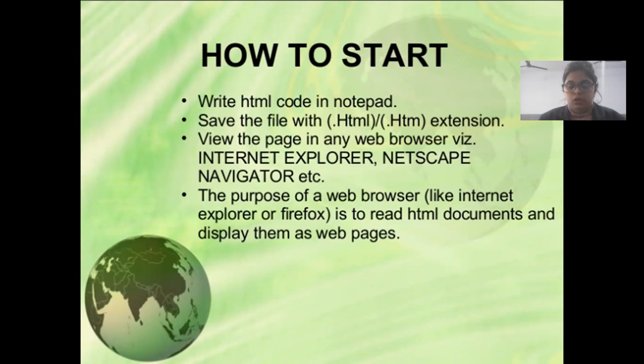Once you have done your coding, the next thing is saving the file. Make sure whatever HTML code you are writing, it should be saved. Saving the file is easy. You just have to use one more thing extra, and that is the extension, along with the name of the file.